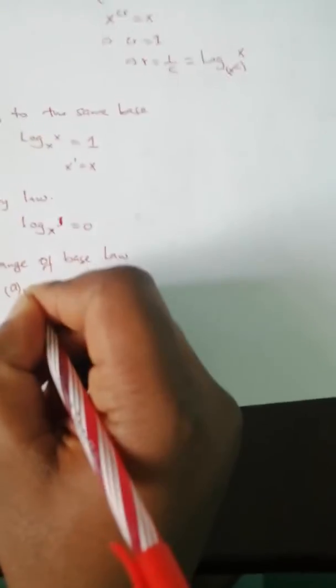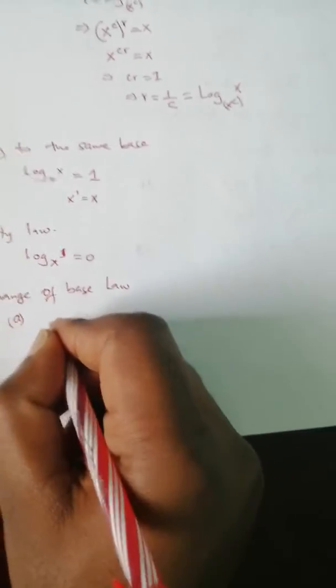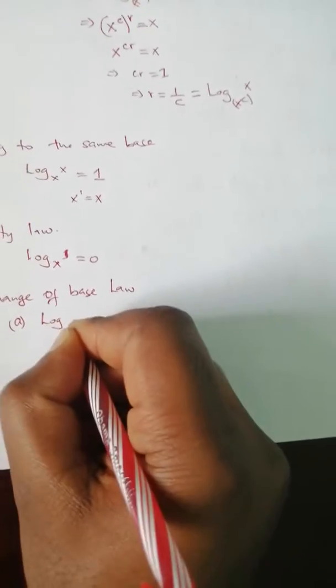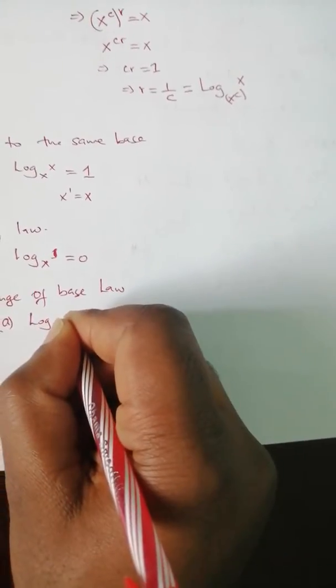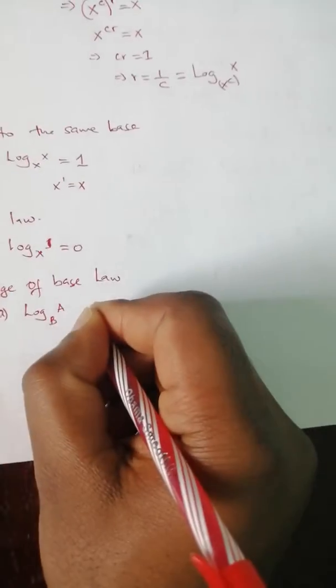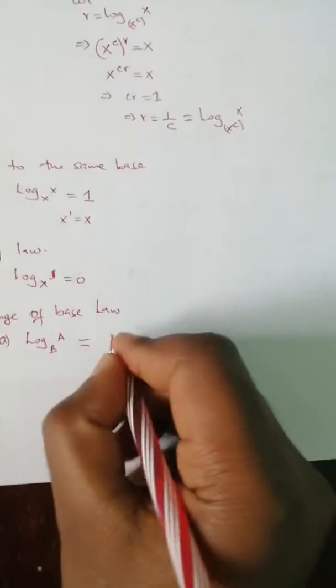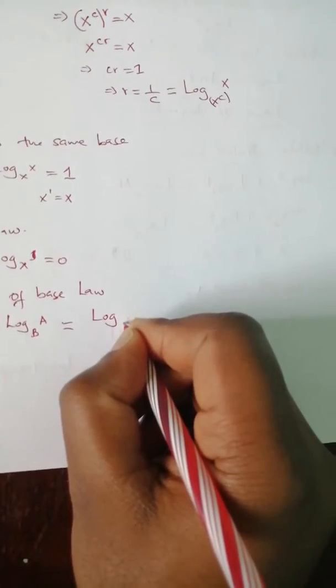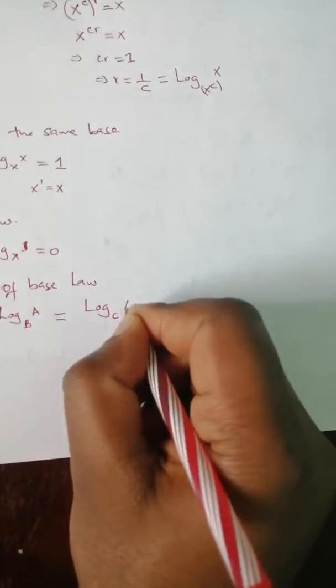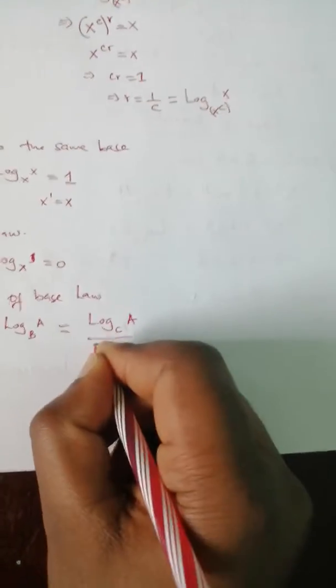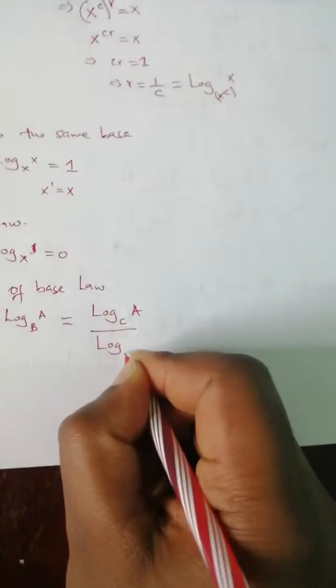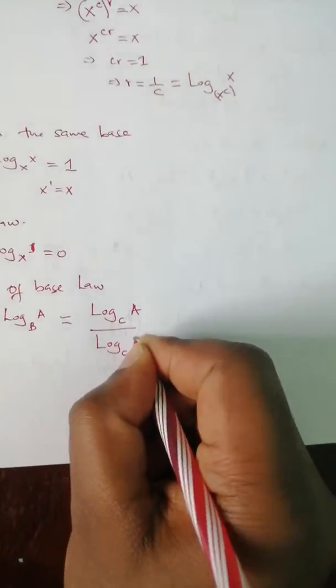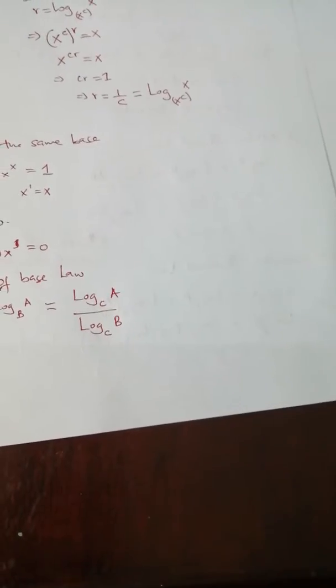So one, if we are given log b a, we can change the base in this manner. We can say log a to base b equals log a to base c, all over log b to base c.